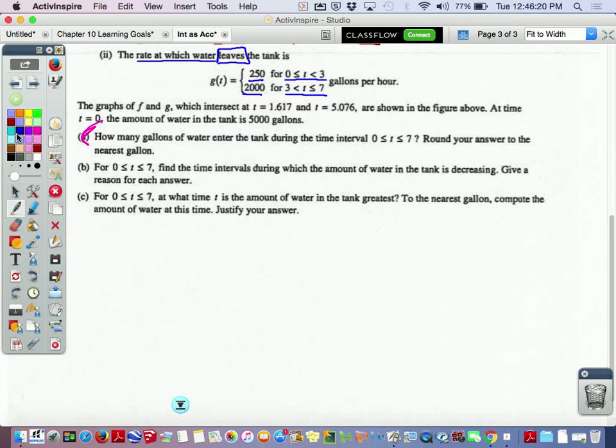Question B. For t between 0 and 7, find the time intervals during which the amount of water in the tank is decreasing. Give a reason for each answer. Now, if the water in the tank is decreasing, that means that the water leaving is greater than the water entering. So the question is, where does that happen on the graph?